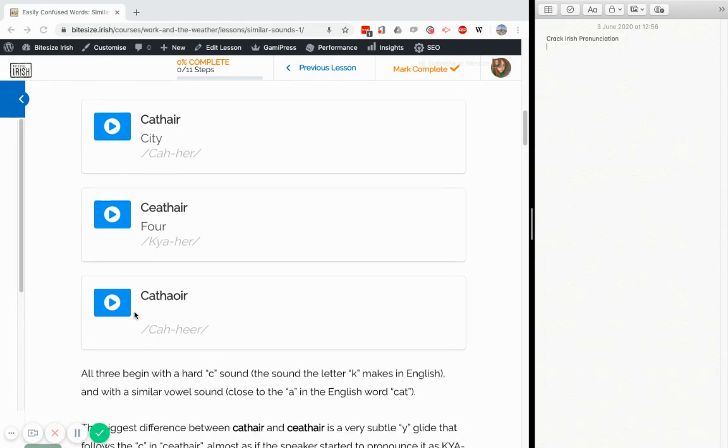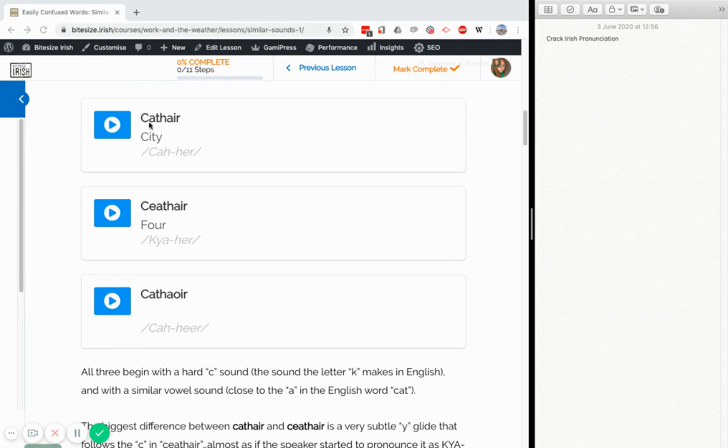Then our third word is similar to the beginning of the first, but our ending is different. Our A-O-I here gives us an 'ee' sound.